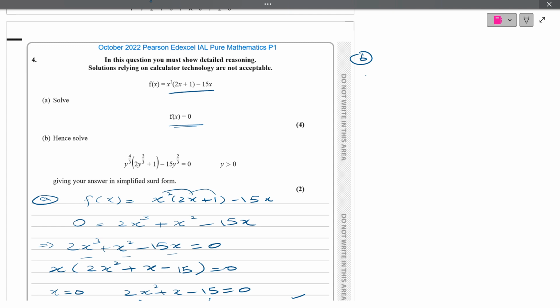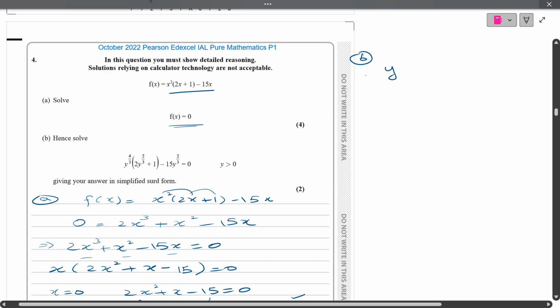If I assume that y raised to power 2 over 3 is, let's say, z, any letter I can assume, then y raised to power 4 over 3 is z squared, and inside I have 2z plus 1, minus 15z equals 0.